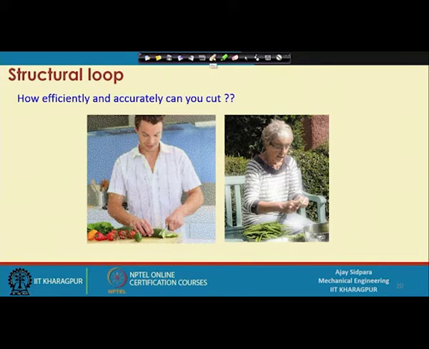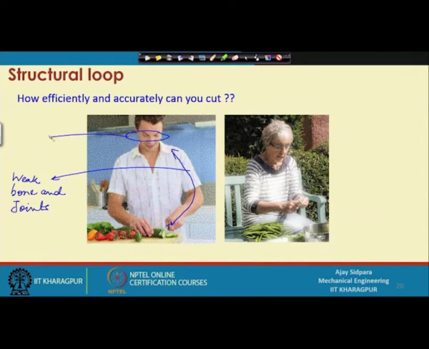Now, what is the problem here? You can understand that when we become a little bit more aged, there is a problem in our structure also, it becomes a little weak: bone and joints. Vision is also a problem.